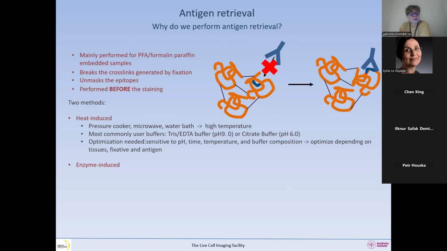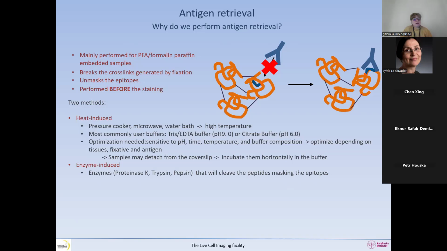This method requires optimization because it is sensitive to pH, time, temperature, and buffer conditions, and each of them will depend on the tissue, the fixative, and the antigen. The negative part is that the sample may detach from the coverslip, so you have to incubate them horizontally in the buffer.